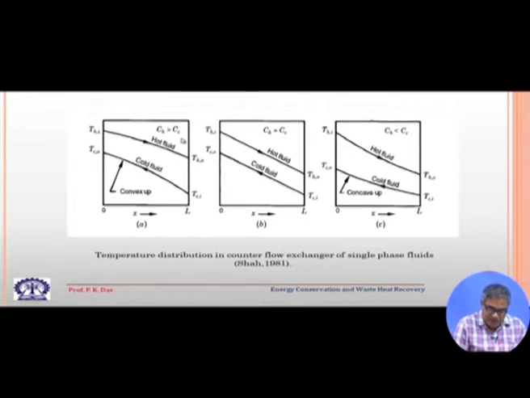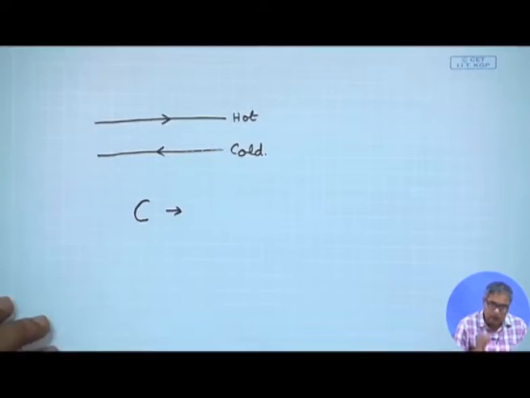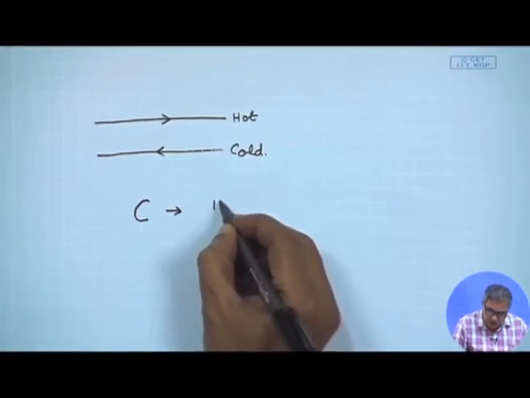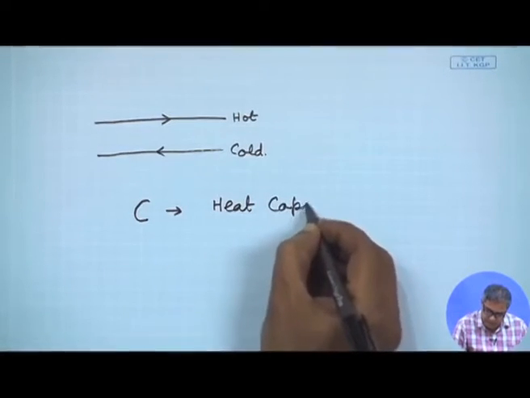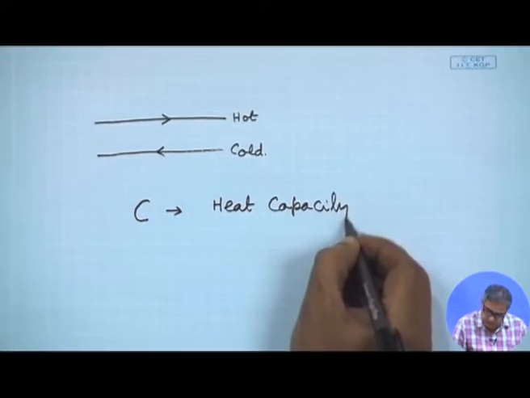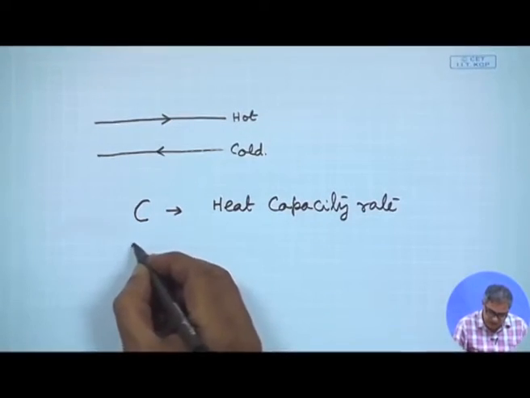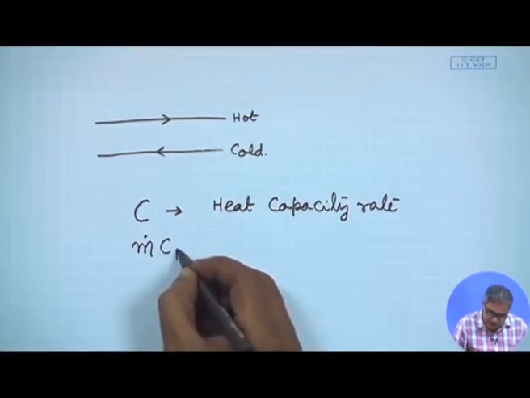So, C is a quantity which needs to be defined. C is called the heat capacity rate. What is heat capacity rate? It is m dot, the mass flow rate, multiplied by Cp.